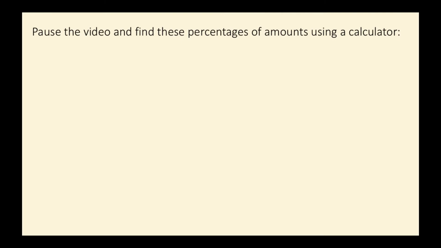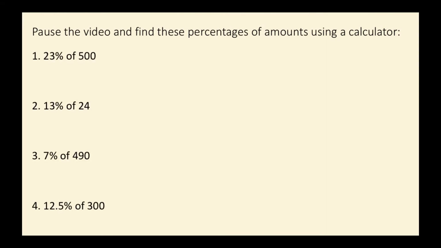So pause the video and find these percentages of amounts using a calculator. I'll repeat that, using a calculator. So if you pause the video, let's look at the answers then. You should have had 115, 3.12, 34.3 and 37.5.